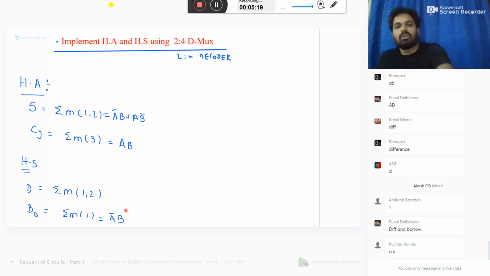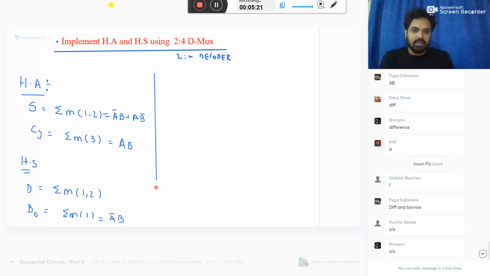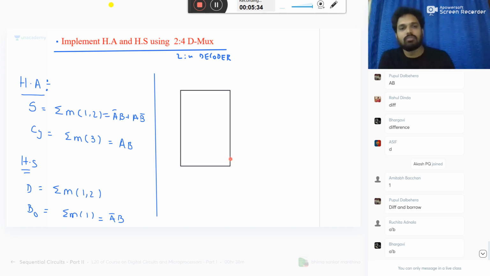Okay. So now let's implement this using only one decoder. Let me take one 2 by 4 decoder. You should give the inputs A and B and the enable input En. We should make enable equal to 1 and it contains 4 outputs.